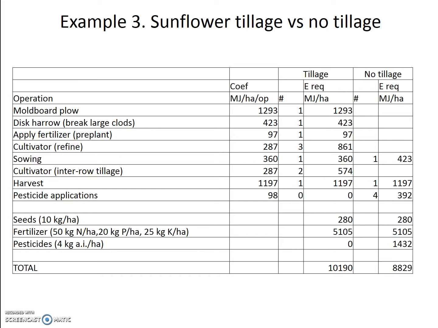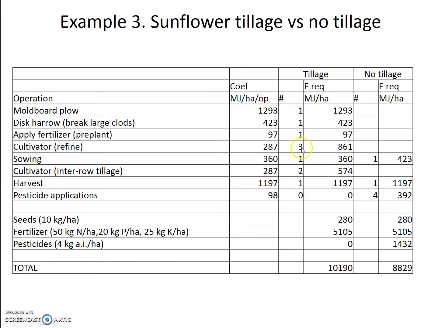Finally, let's consider an example where we compare the energy requirements of rain-fed sunflower with intensive tillage versus the same crop with no tillage. Here we do the same. First we consider the number of the different operations like moldboard plow, disc harrow, application of fertilizers, cultivator, sowing, cultivator for inter-row tillage, harvest or pesticide applications.